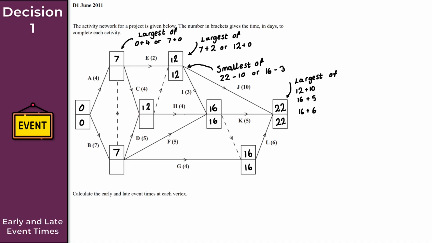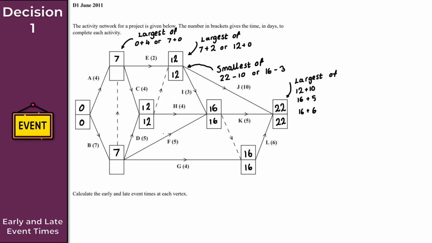Perfect. Okay. So we can now find this late event time here. So what would that be? That is going to be a choice of 2 here. So my choices are 16 minus 4, so that would also give me 12, or 12 minus 0. Again, that would just give me 12. So clearly then, my late event time here is just 12.